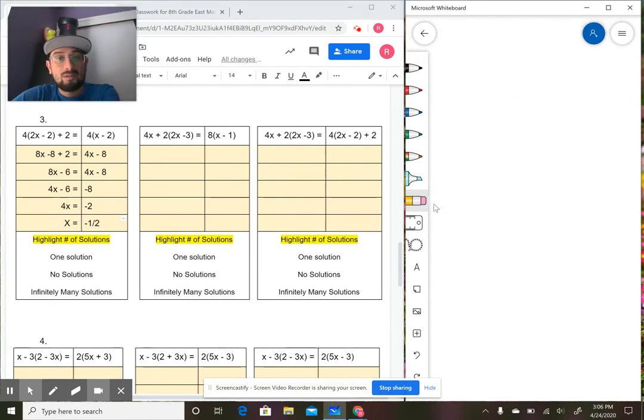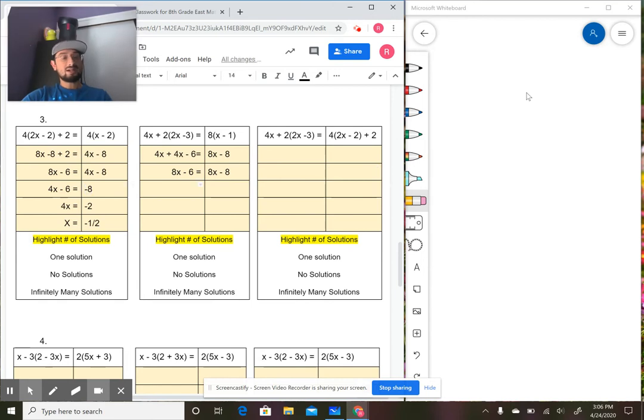Okay. So it's going to be the same thing kind of here. I'm going to do it over here real quick. So 4x plus 2 times 2 is 4x minus 6. And then 8 times x is 8x minus 8. Combine like terms, you see that there's a 4x and a 4x on the same side there. 8x minus 6 combine them to 8x equals 8x minus 8.